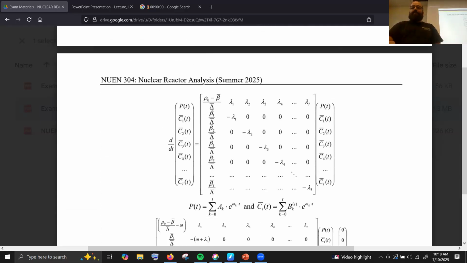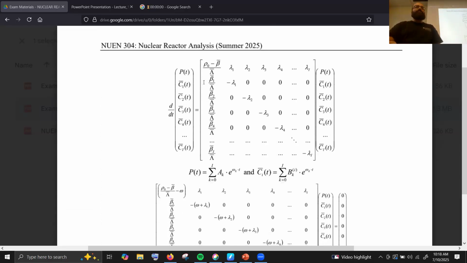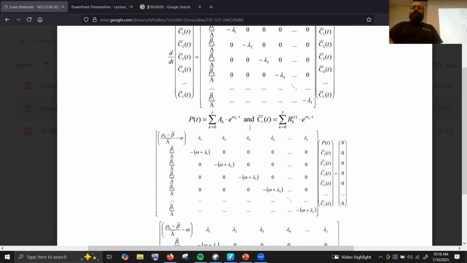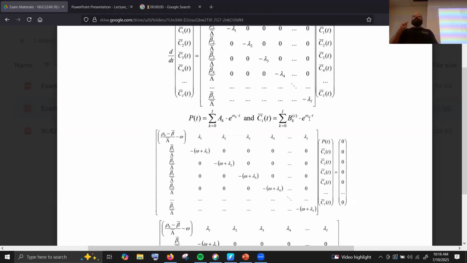And these systems end up being well suited to solve as matrices. The general solutions for these kinds of problems, where you basically have a set of coupled ordinary differential equations with constant coefficients, are going to be a sum of exponentials. You have the same number of exponential terms as you have equations.